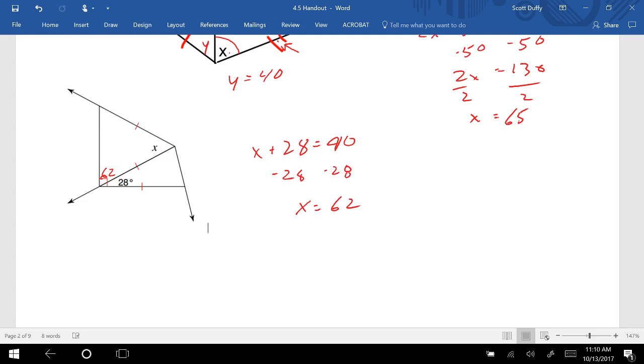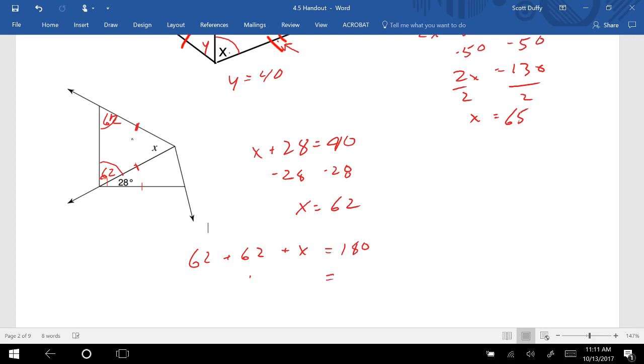Now, if this is an isosceles triangle right here, we know that this being equal to this means that this angle is equal to this angle. So this also is 62 degrees. And now we know that 62 plus 62 plus x, all those angles inside this triangle, have to equal 180.